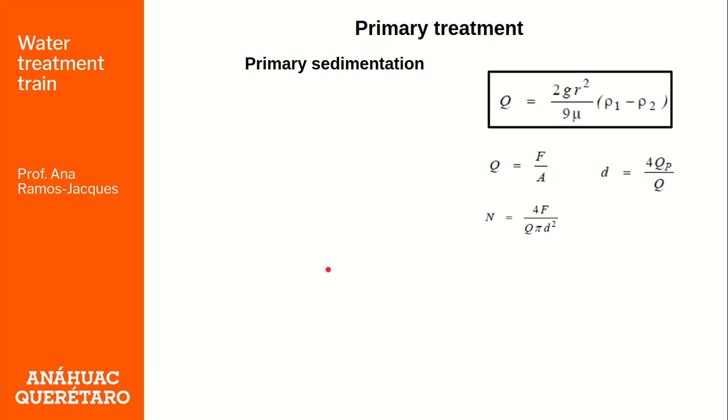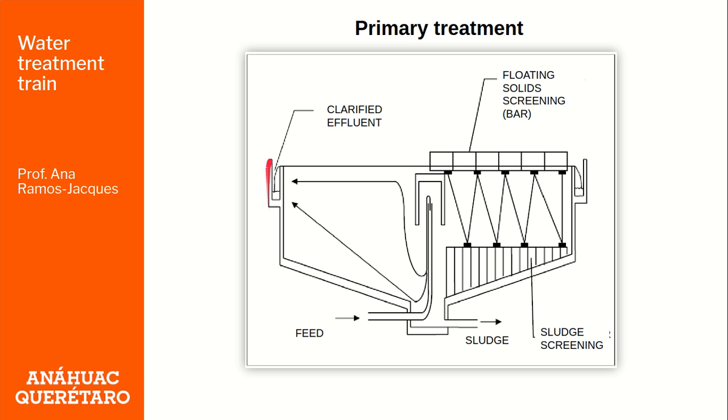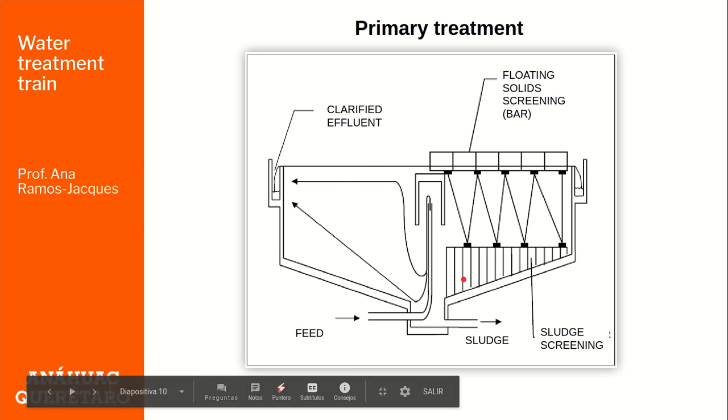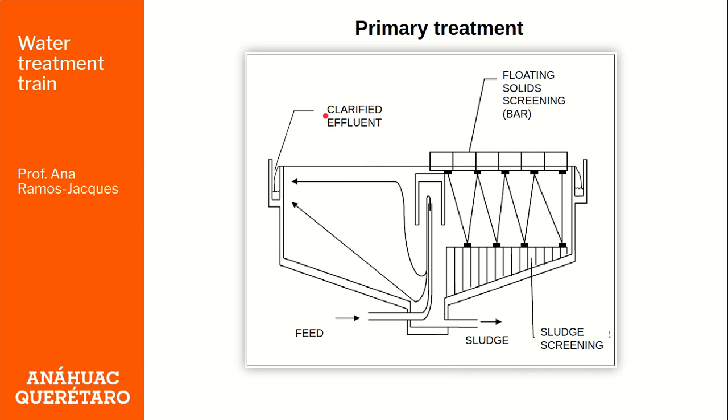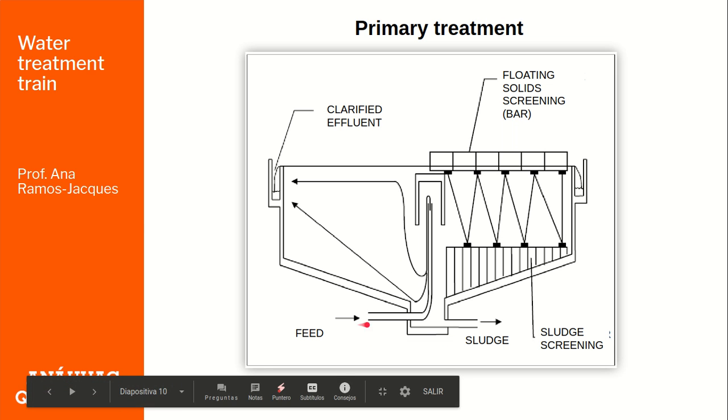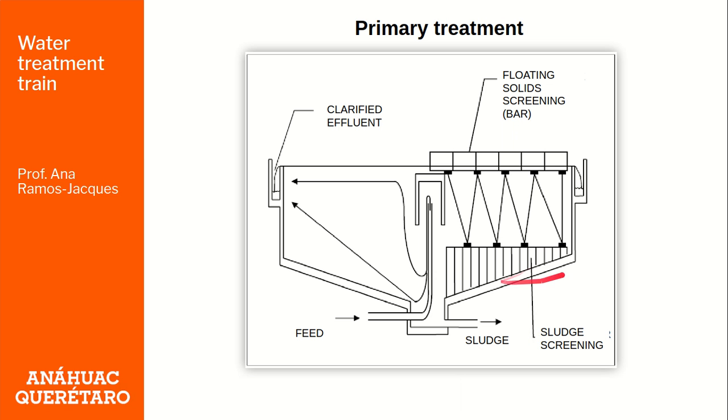We have here a chart for the clarifier. You have the clarifier effluent, and then the screening bar. You remove the solids, and then here is the feed, and the sludge out, and the sludge also has to be screened by this bar to give it to the sludge treatment.